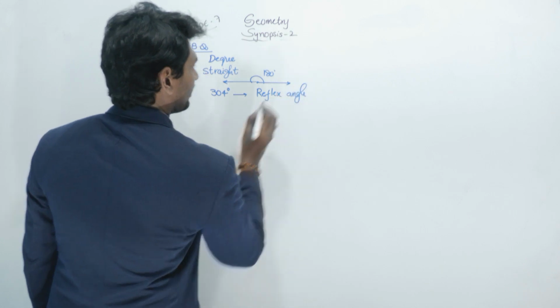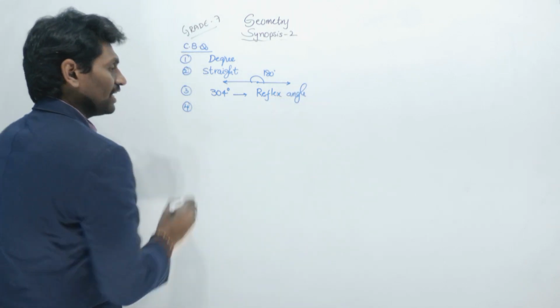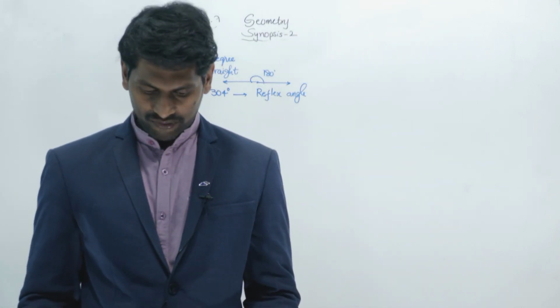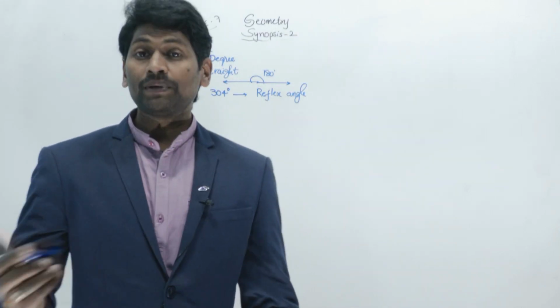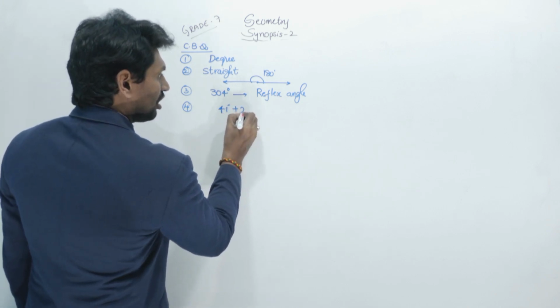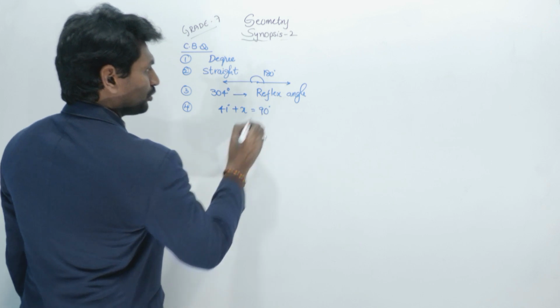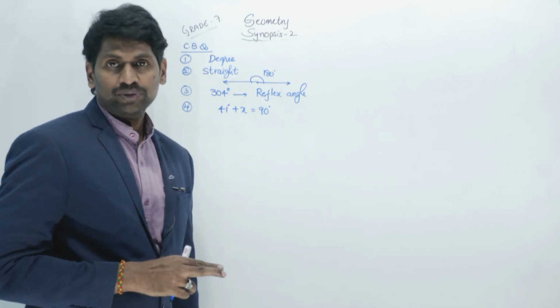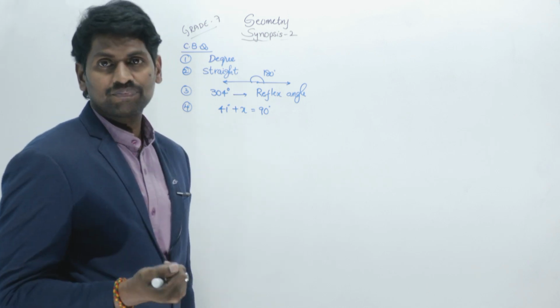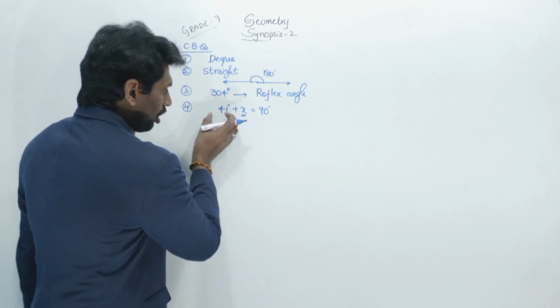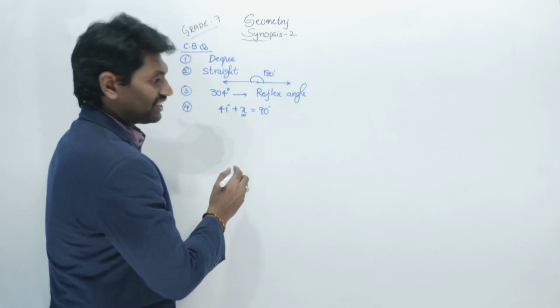Now statement number 4. The complement angle of 41. What is a complementary angle? Complementary angle means the sum of two angles is 90 degrees. Then each angle is complementary to the other. I don't know the complementary angle, so I am taking it as x. How much should I add to 41 to get 90?